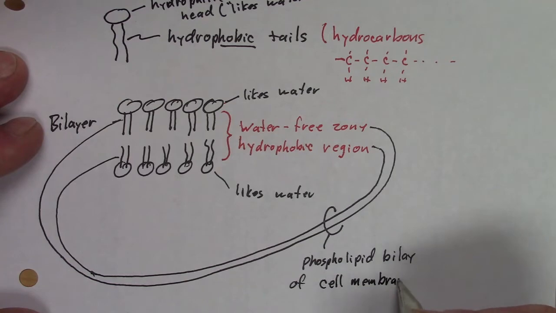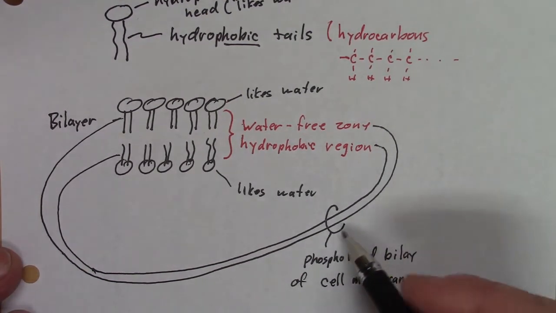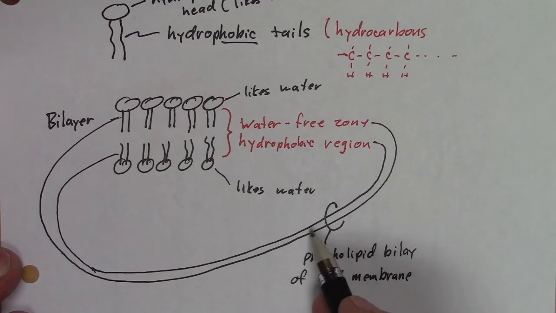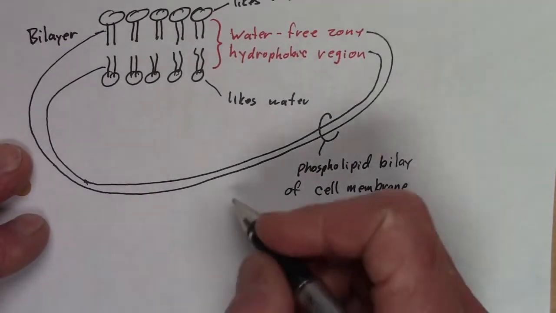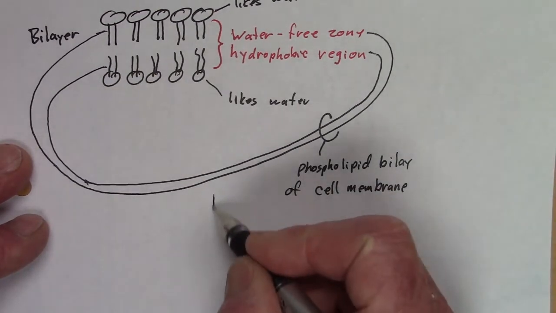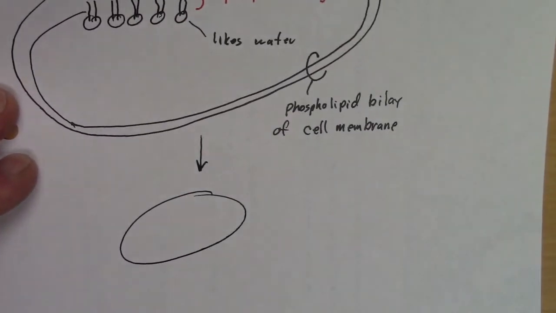Now this gets to be time-consuming to draw a cell membrane with both of these phospholipid layers making up the bilayer. So typically what we draw for a cell, understanding that this is what makes the membrane up, we typically just draw a cell like that. And there is our cell.